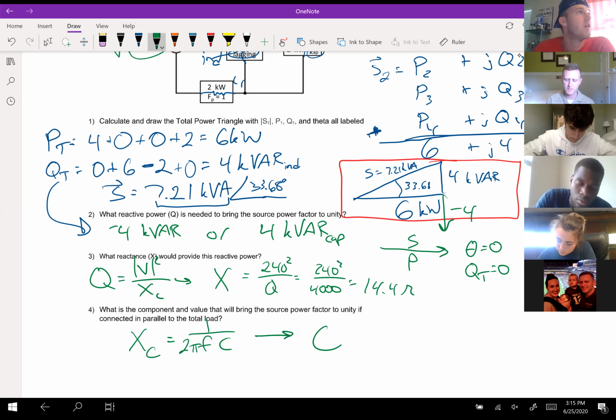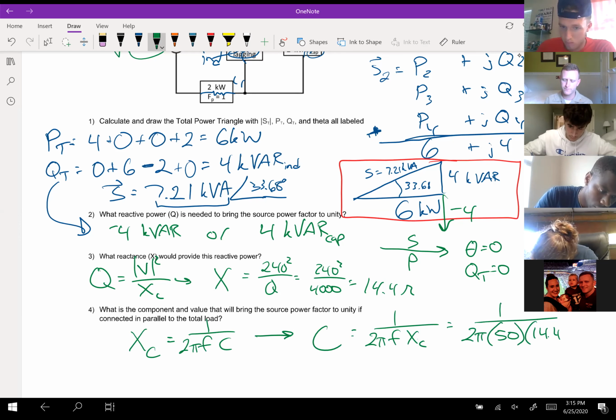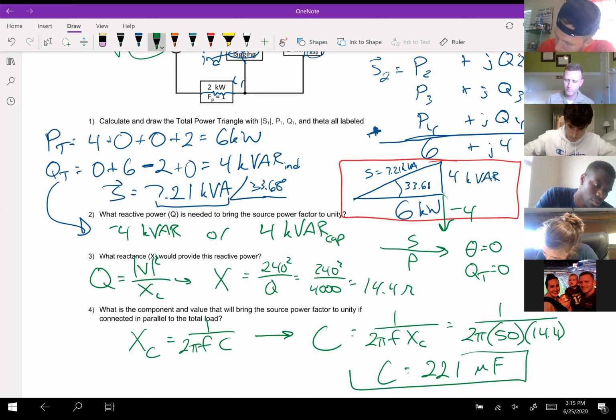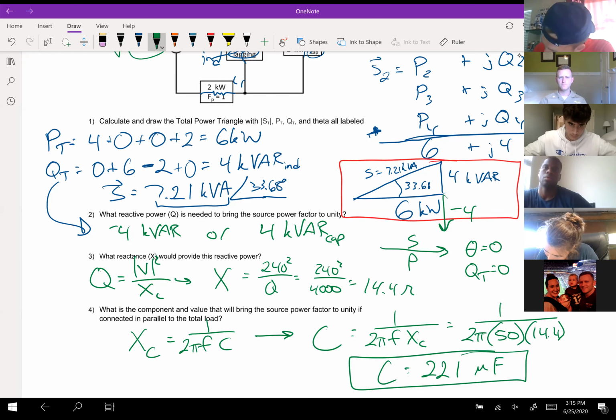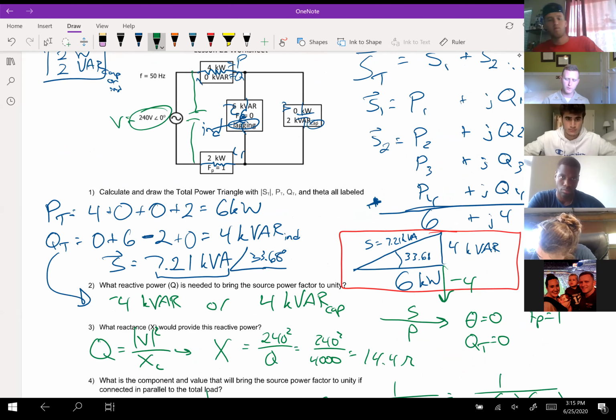So I rearrange for capacitance, and I have 1 over 2 pi F XC, 1 over 2 pi 50 times 14.4, and my final capacitance is 221, basically 0.0221 microfarads. And if I were to connect that in parallel to the total load, in this case, I would want to draw it right here to put it in parallel with the total load.